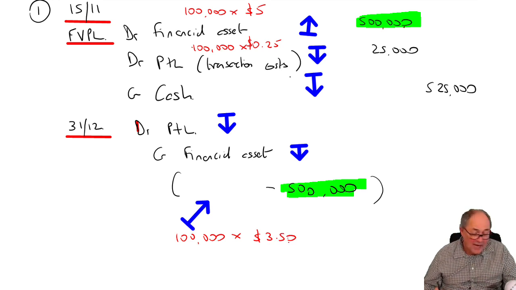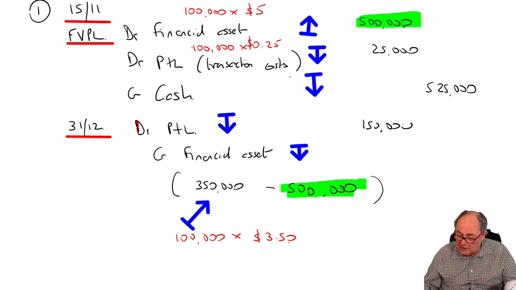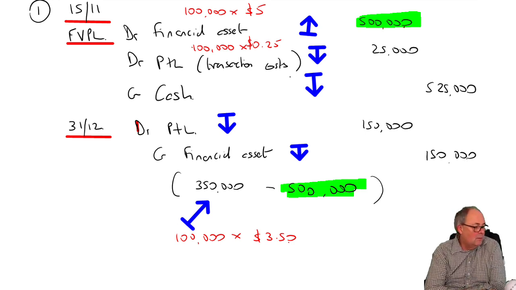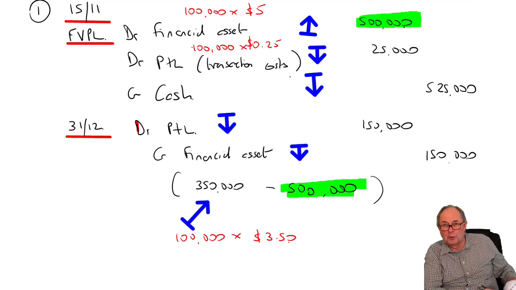So the new carrying amount is 350,000. So that's a loss, isn't it, to the P&L of 150,000. How sad. I'm certainly glad it's not my money. And I'm sure you're glad as well that it's not any of ours.